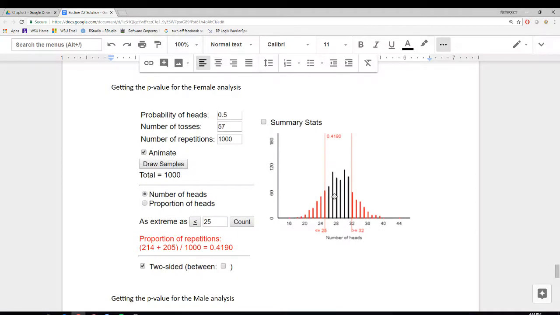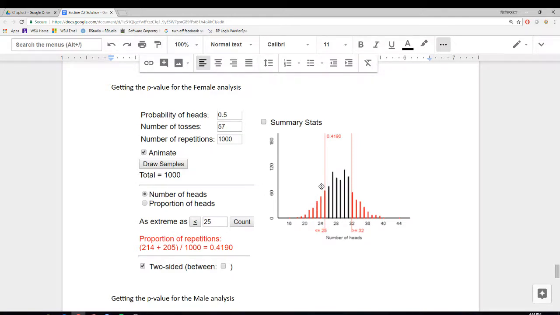All right, how about getting the p-values? For the females, I just need to put the observed outcome in the as-extreme-as box here, which is 25. So I had 25 overs for the females, and that's the number going in here. What the app is going to do is determine the outcomes that were as extreme or more extreme than that.